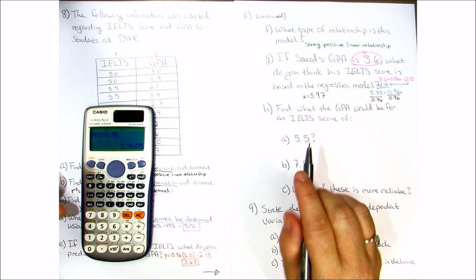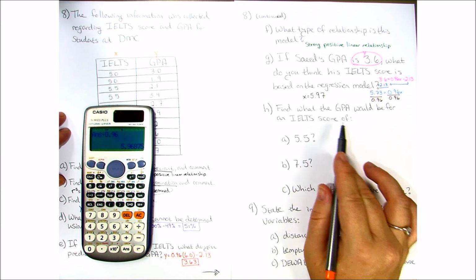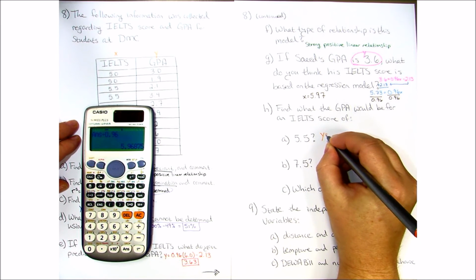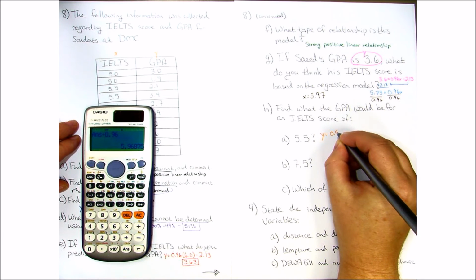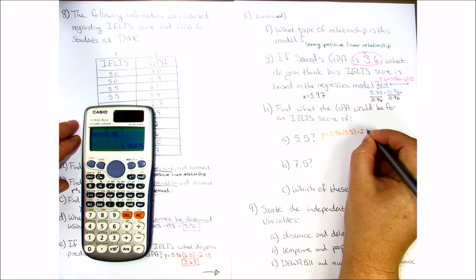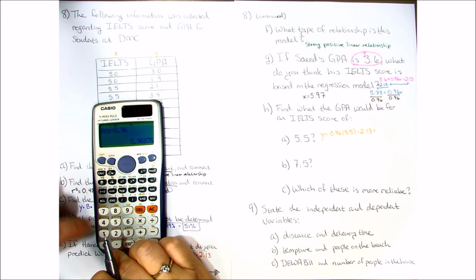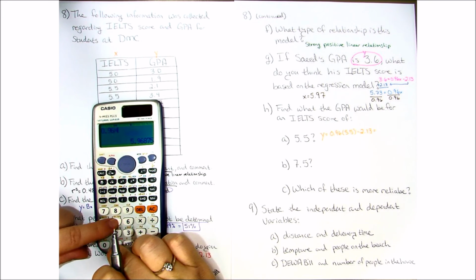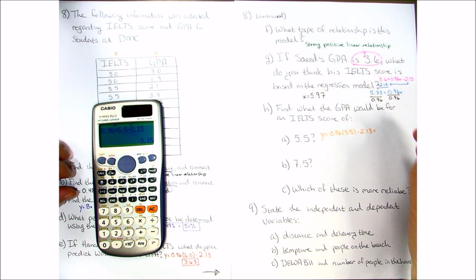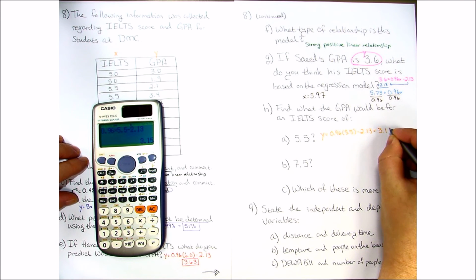It says, what would the GPA be for an IELTS score of 5.5? Okay, so this one is really easy. We just plug it in. Y equals 0.96 times 5.5 minus 2.13. So that gives us a GPA of 3.15.